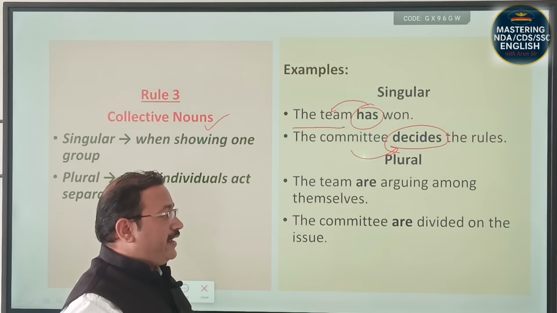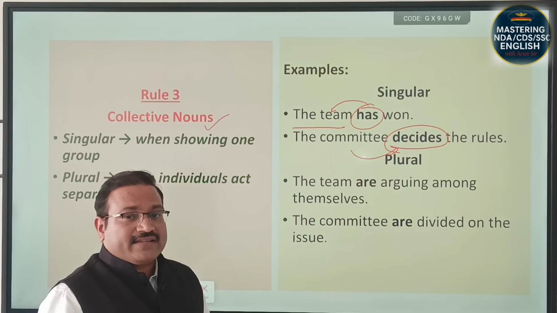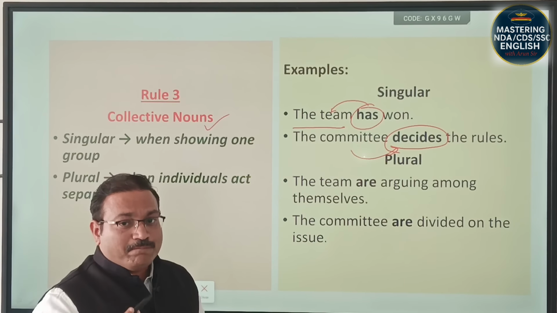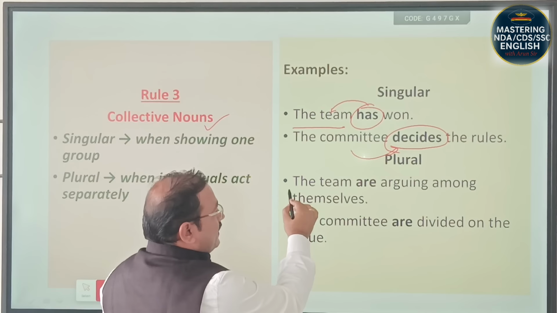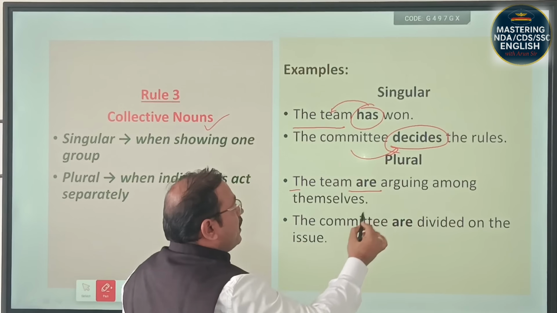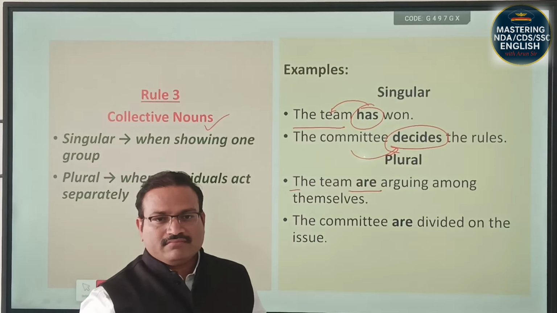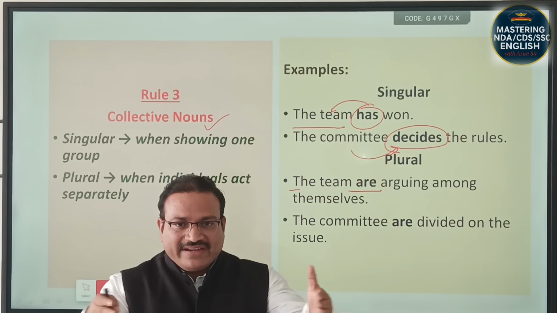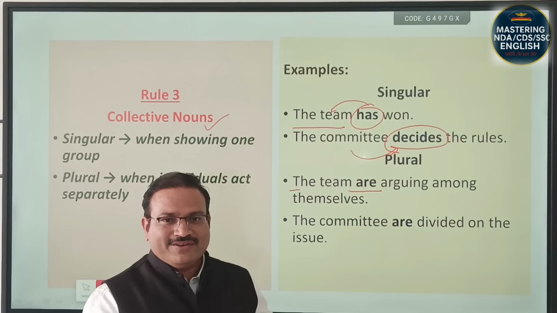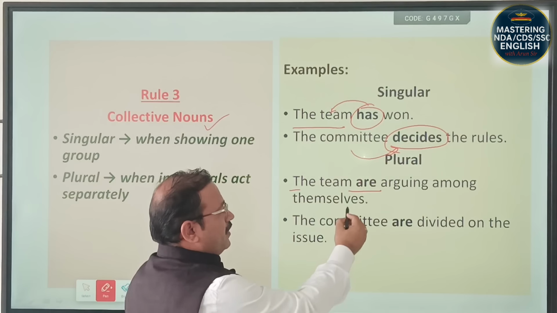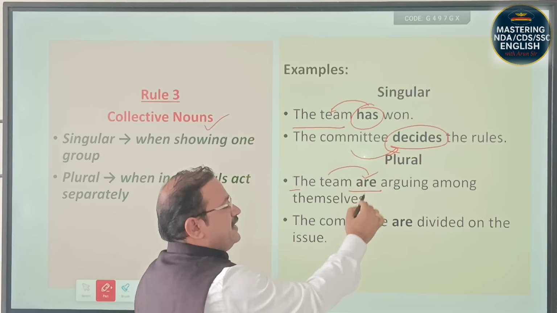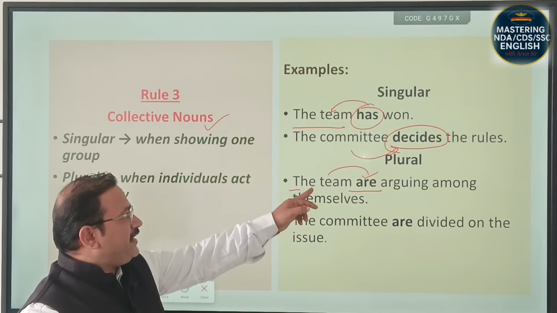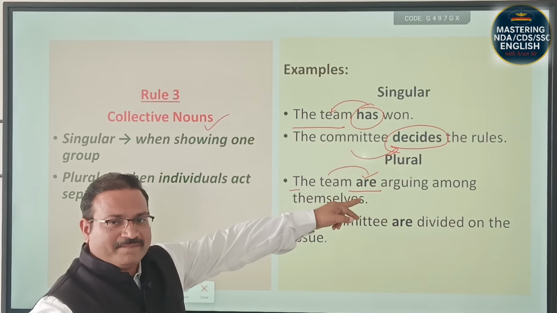Now let us see why and in which case collective nouns become plural. The team are arguing among themselves. Now the members separately are arguing. So they are divided, not united, not together. So plural, will take a plural verb. Here the team became plural.